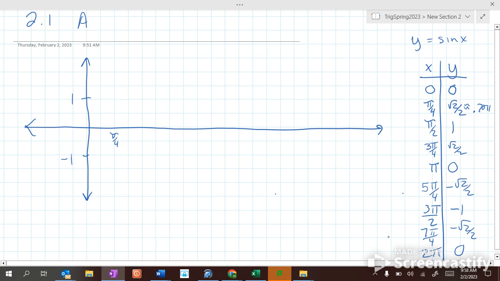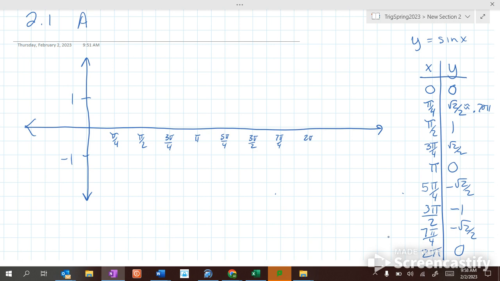So I have pi over 4, pi over 2, 3 pi over 4, pi, 5 pi over 4, 3 pi over 2, 7 pi over 4, 2 pi.